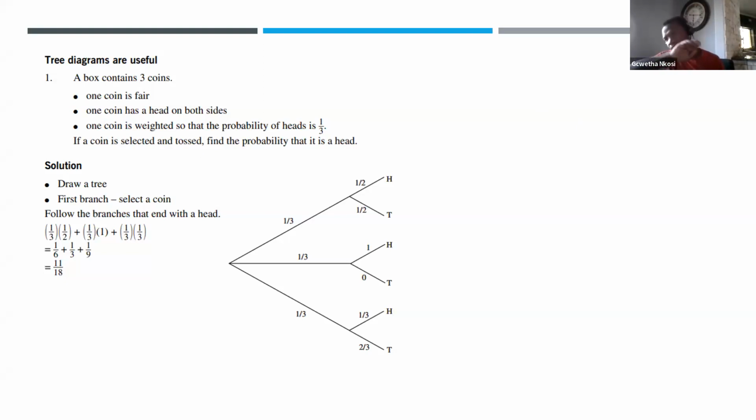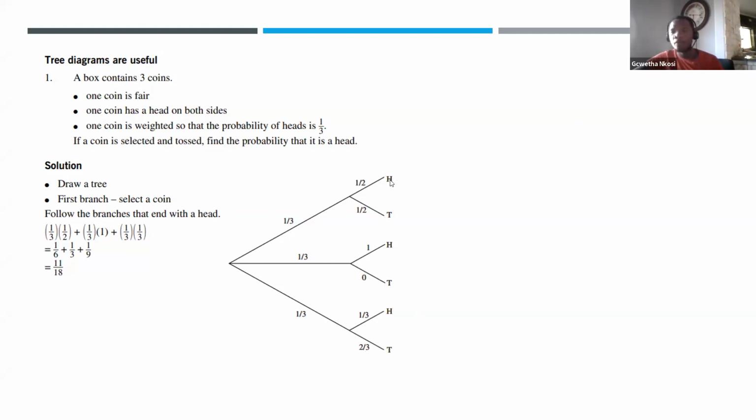I'm not diverting to tails. I go along heads. I'm not coming here. I put an X here, an X here, and an X here. I cannot come via tails.